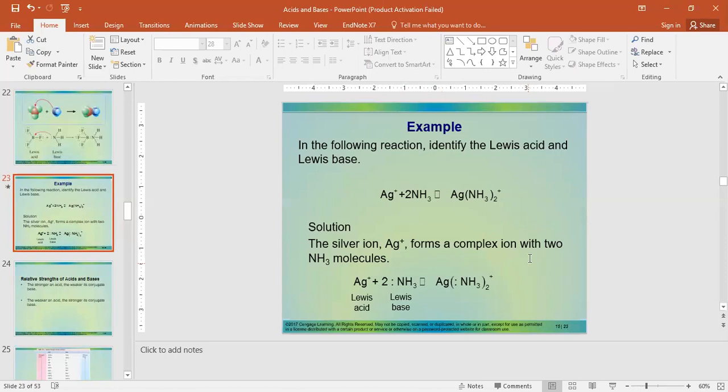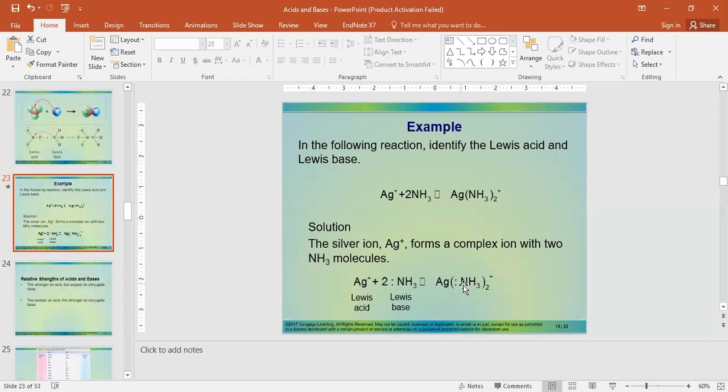It is not a complete transfer of electrons the way we have in the formation of ionic compounds. This is coordination chemistry, or the formation of complexes. Yes, but we have two ammonia. I mean, this silver needs only one ammonia. So we have two molecules of ammonia.